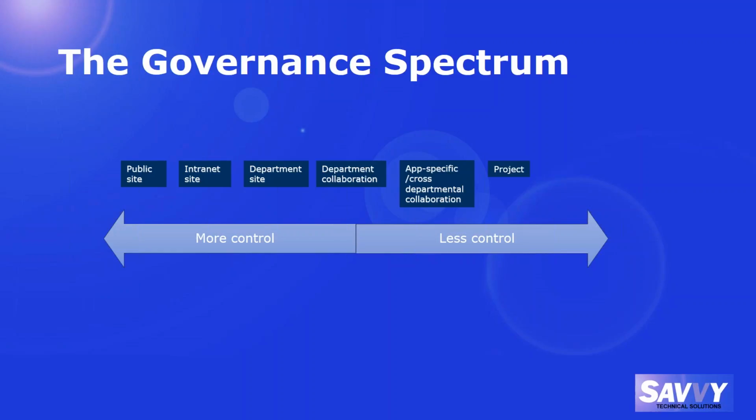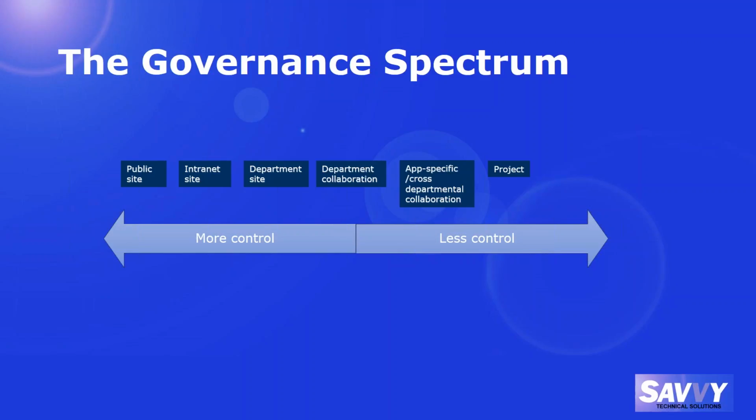Project sites, again, may or may not be cross-departmental in nature. It's probably going to be limited to a very specific set of people that are working on it, and oftentimes projects are time constrained. In my mind, having a project that's time constrained is very critical to understanding the amount of flexibility that's allowed.